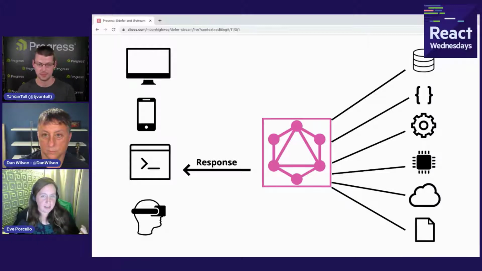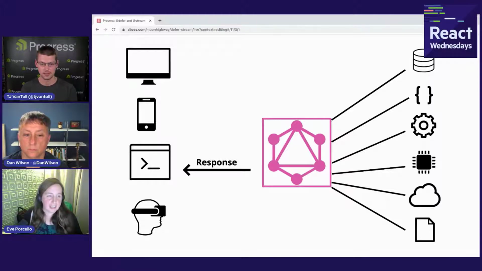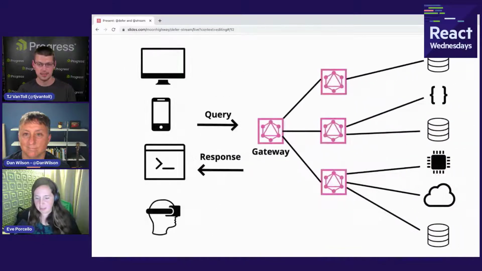So that's what I wanted to talk about today: if I'm setting up a GraphQL server, what are some techniques I can use for making that faster? And if I'm a client-side developer, what are some techniques I can use to make the front end faster? So hopefully that sounds okay. You can kick me out at any time.